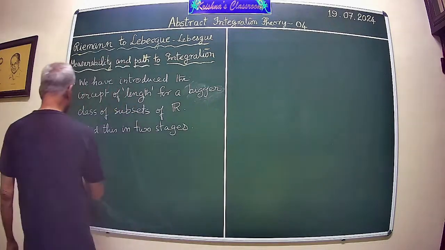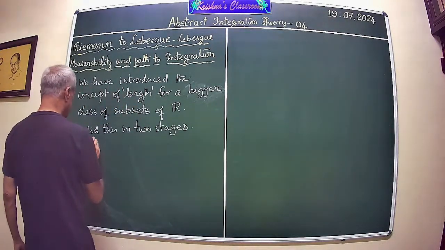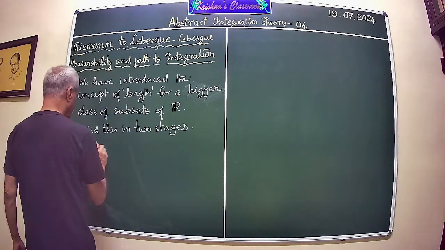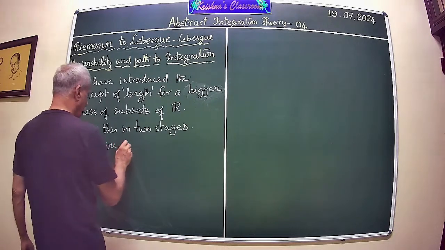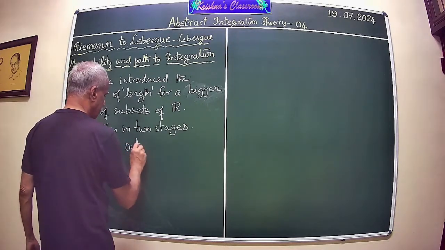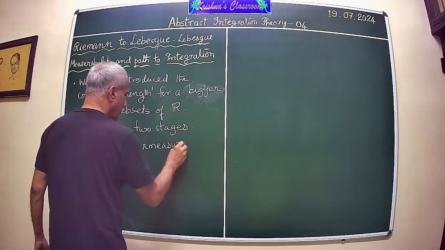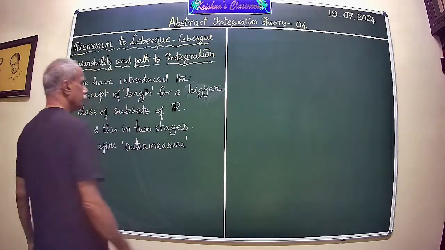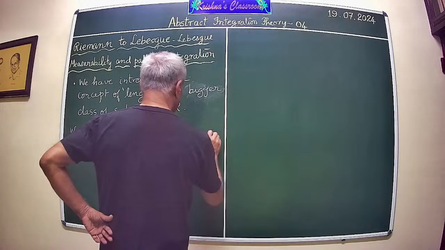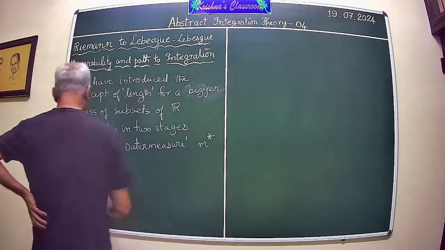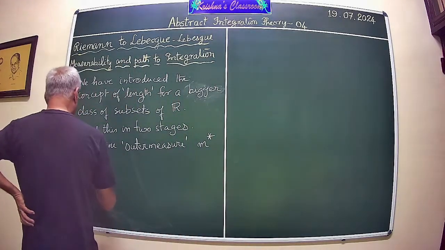The first one was to define outer measure m star for all subsets of R.